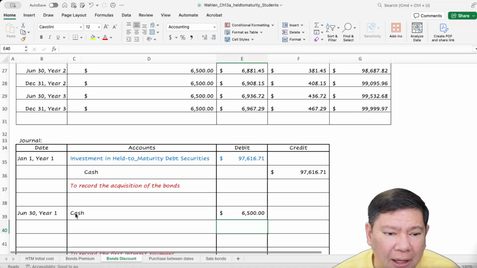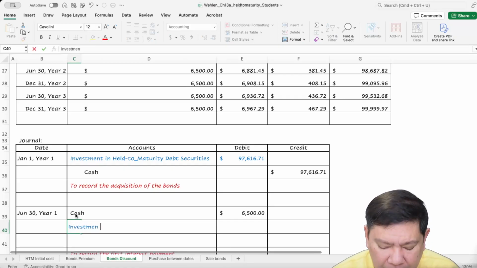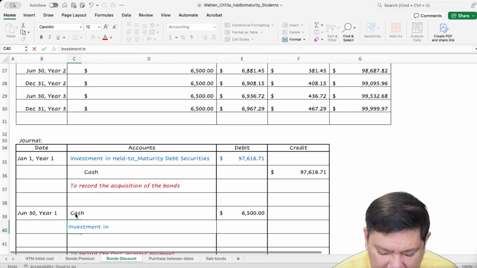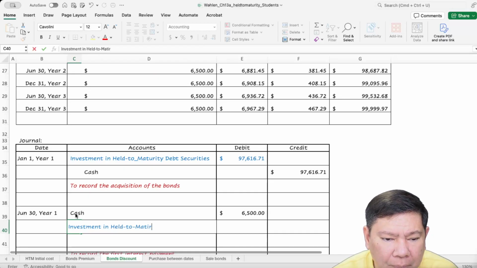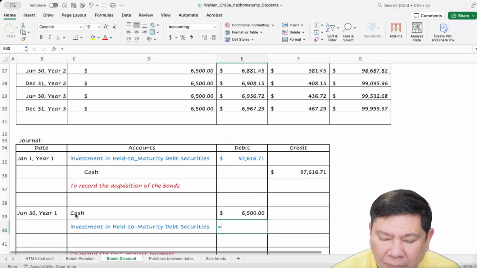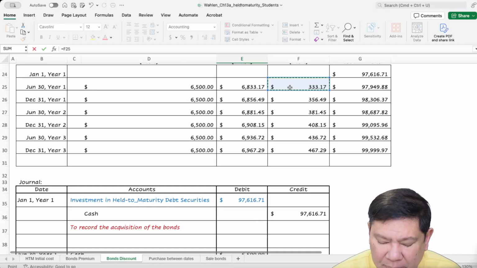And then we are going to add the investment in held to maturity debt securities by the amount of discount that we amortize for the first 6 months.